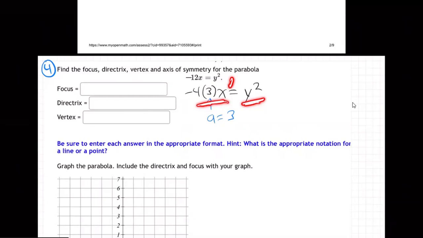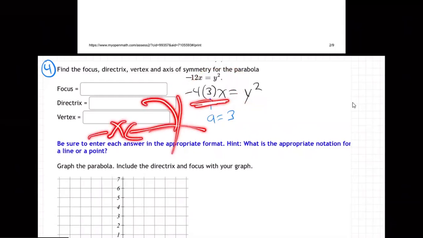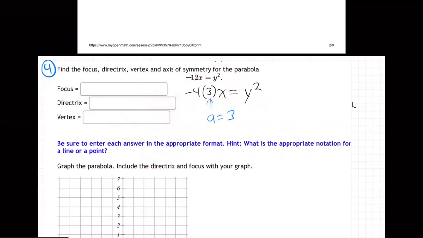But for parabola, one of your letters is to the first power, and that's the key to the direction. So that's saying negative x. Where's the negative x direction? It's to the left, isn't it? Our parabola is going to go to the left.